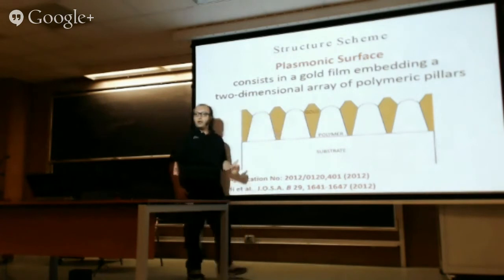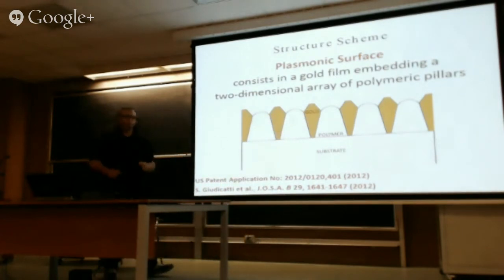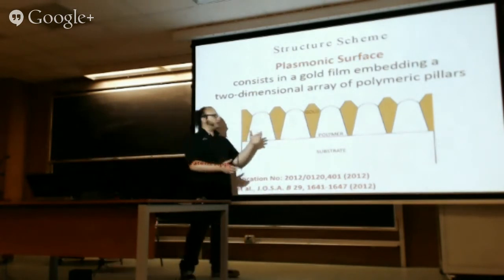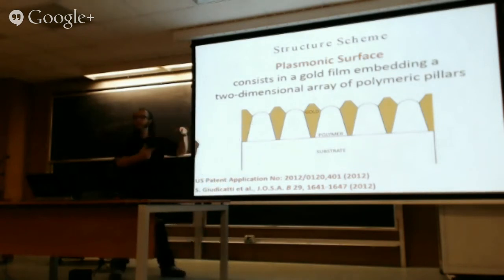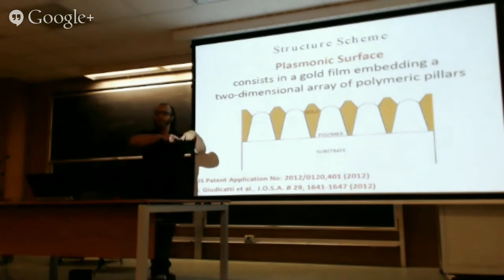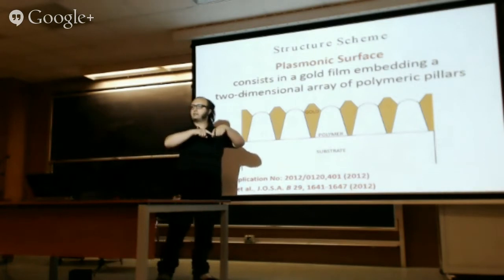At the interface between gold and the polymer, and in addition between gold and, for example, air on top, you can construct, if you imagine this in three dimensions, a ring that is called a ring resonator, and plasmons, so electrons, can run along these rings.